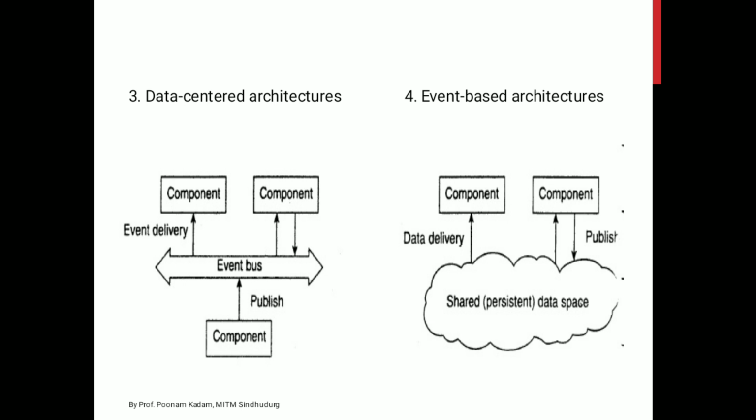Event based architecture can be combined with the data centered architecture, which is also known as shared data spaces. The essence of shared data spaces is that processes are now also decoupled in time. They need not both be active when the communication is taking place.